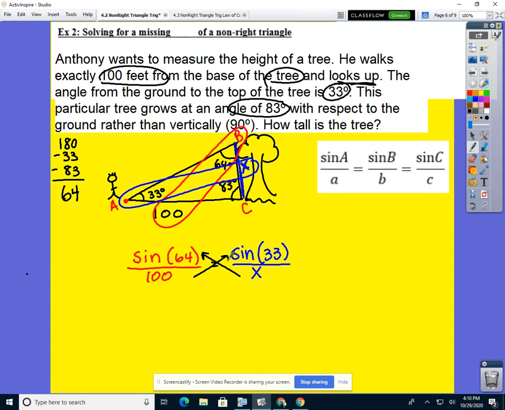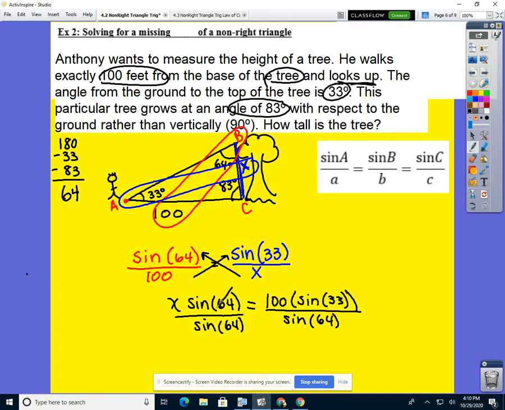So X times sine of 64, I'm just going to write those next to each other, and then 100 times sine of 33. Then I'm going to divide by sine of 64, because I want to get that X, that variable, by itself. You've got to isolate it, just like in all your other math classes, all that algebra.